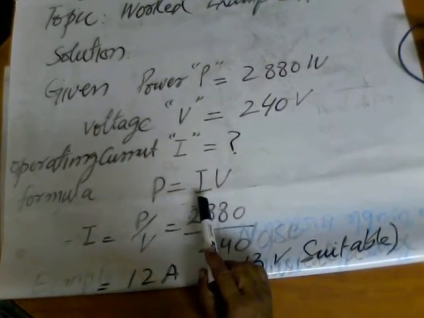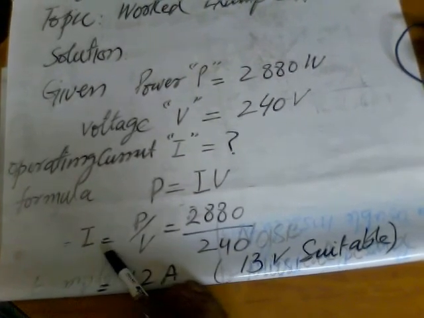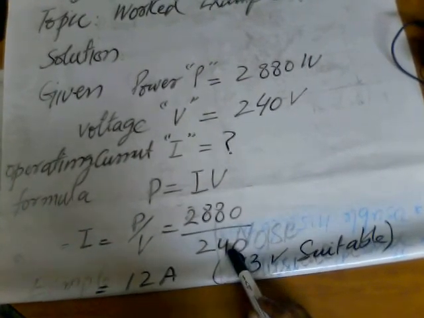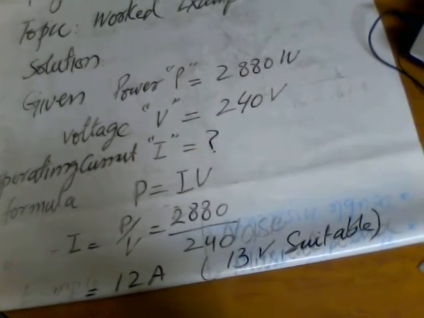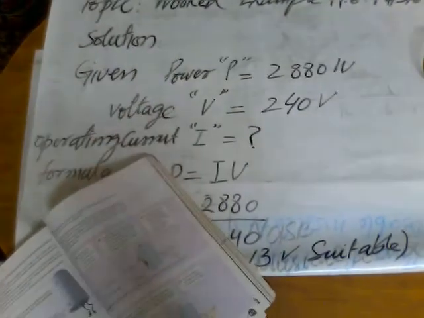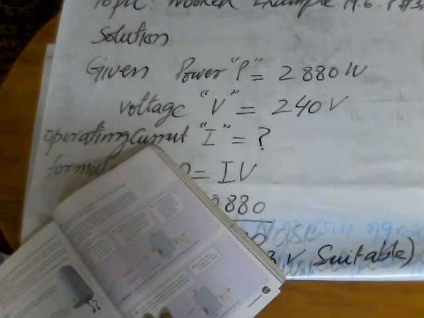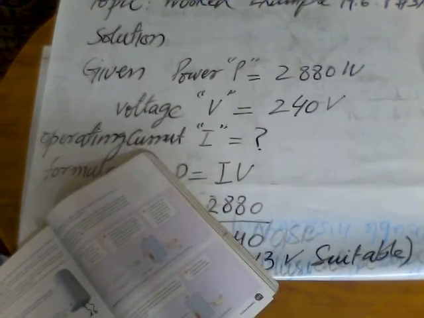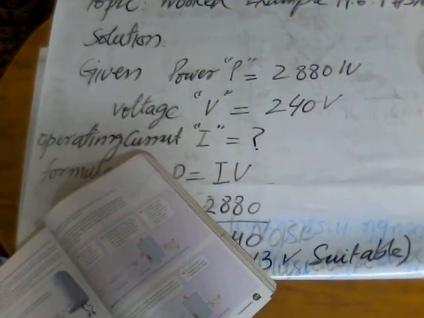By rearranging this equation, we will have I is equal to P over V, power divided by volt, and we get 12 ampere. Now the answer for the suggestion, what is the suitable rating fuse. A suitable fuse will have a fuse rating that is slightly higher than the operating current.